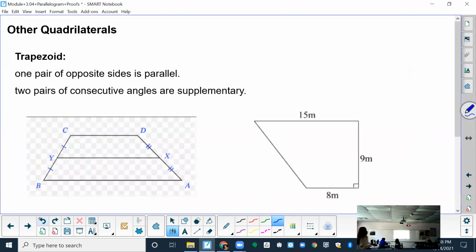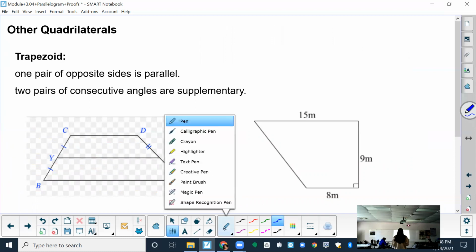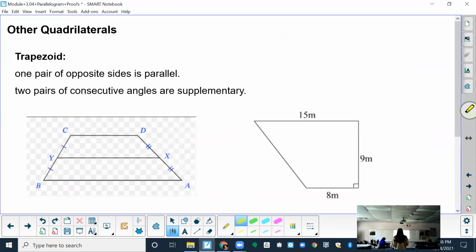Next we have other quadrilaterals like trapezoids. They're pretty specific. They just have 1 pair of opposite sides that are parallel to each other. So like these sides would be parallel to each other, the other sides wouldn't because they would intersect. And then we have 2 pairs of consecutive angles that are supplementary, so when you add them together, you get 180 degrees.